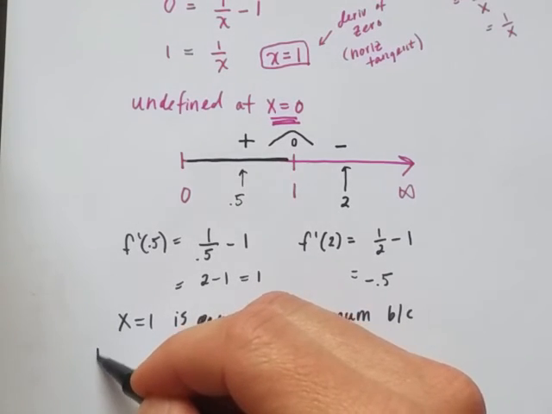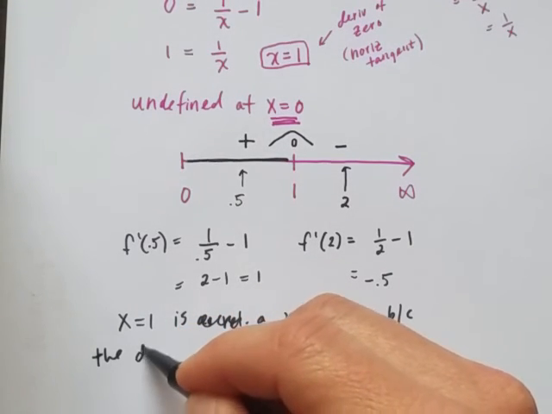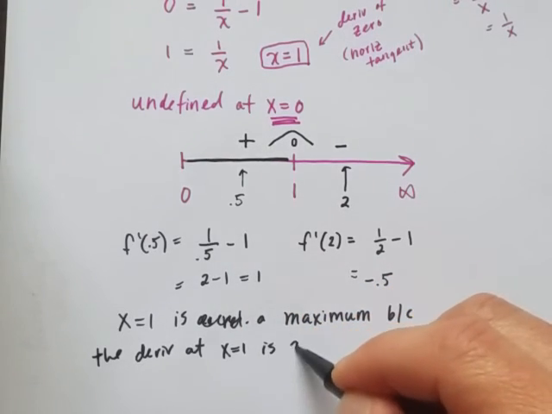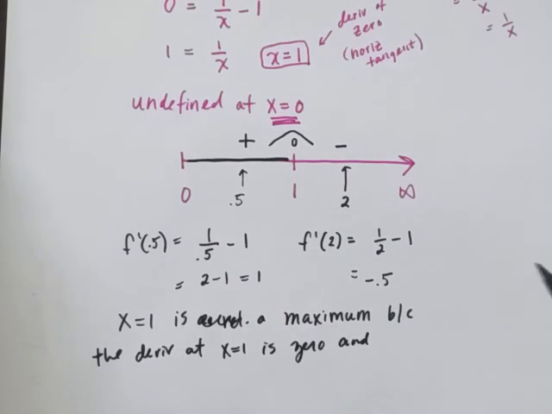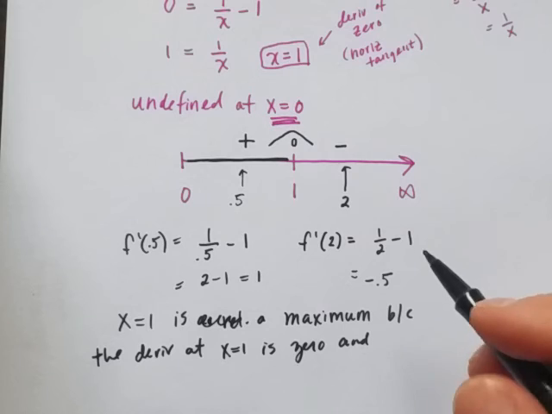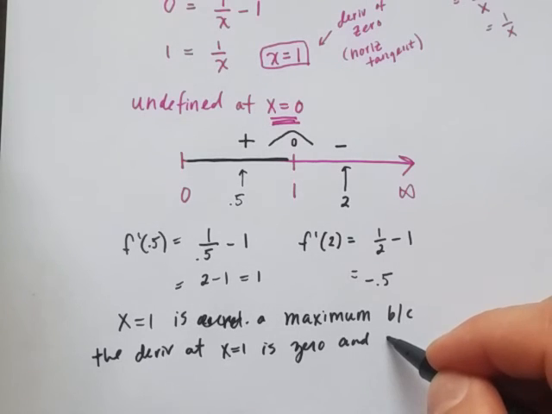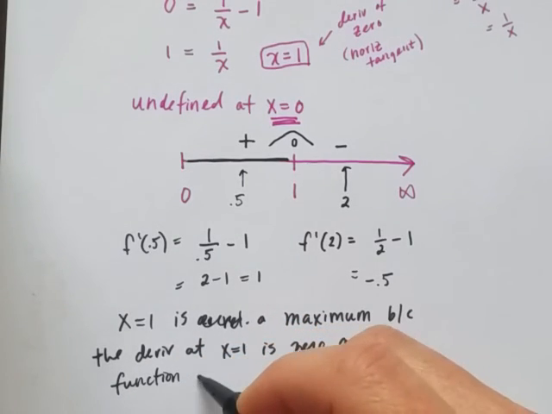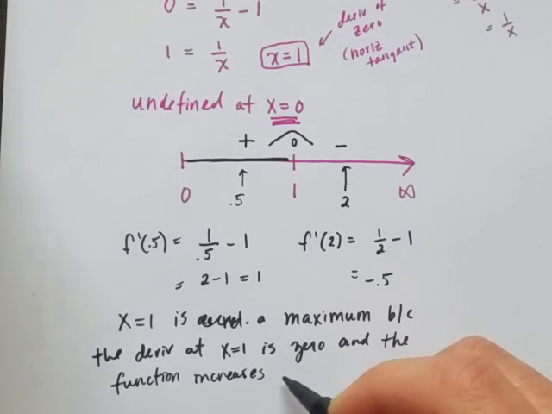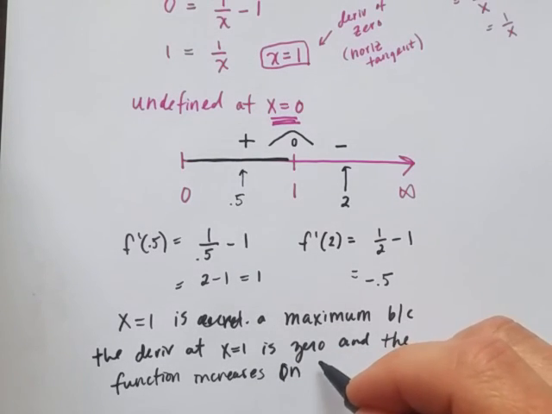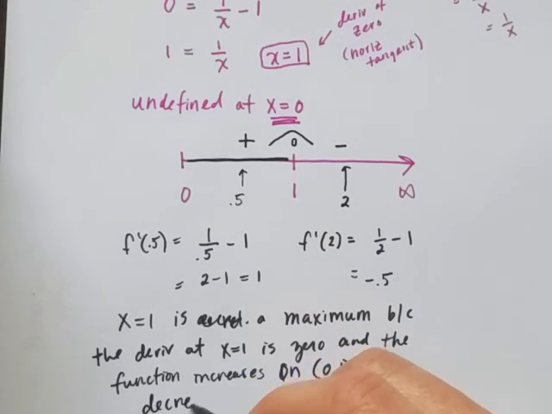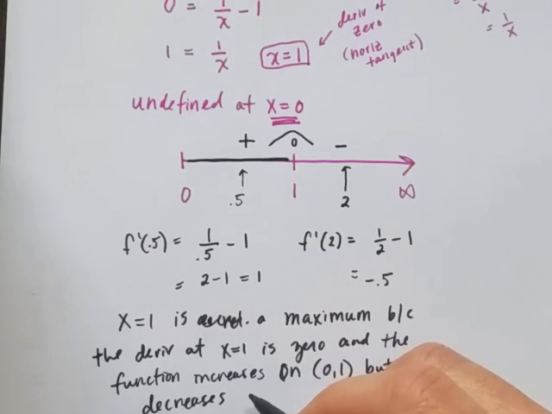Because the derivative at x equals 1 is 0, and the function increases on the interval 0, 1, but decreases on the interval 1 to infinity.